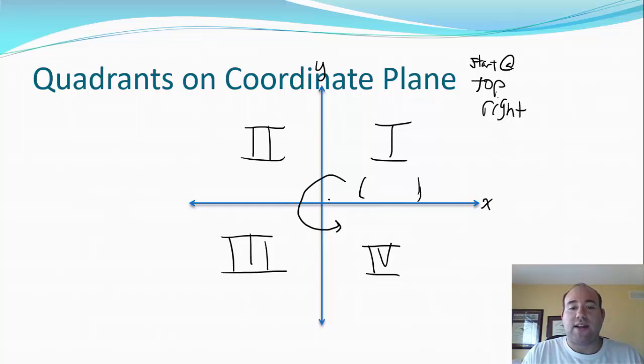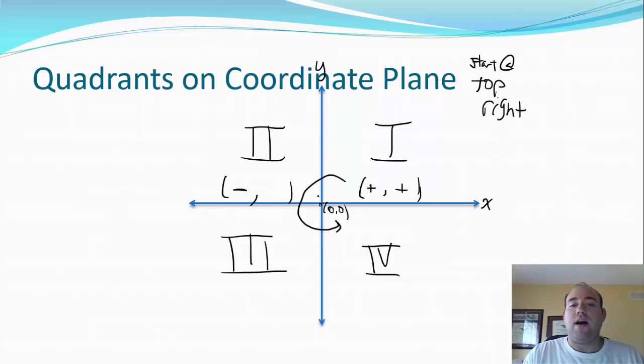Oh, because I forgot to label one other thing in case you forgot. Right here where the 2 points meet is our origin, 0, 0. Okay? It's just 2 number lines that kind of intersect at this point. So all the positive x's are along the right half of the line, and all the positive y's are at the top part. So anytime you see a point that has 2 positive coordinates, it's got to be somewhere in this first quadrant.